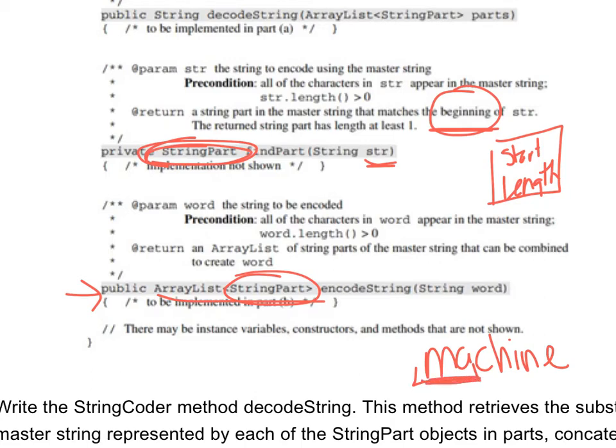If it's found something of length 2, then you know that it got rid of M and A. So the next time you call find part, you want to just check sheen.